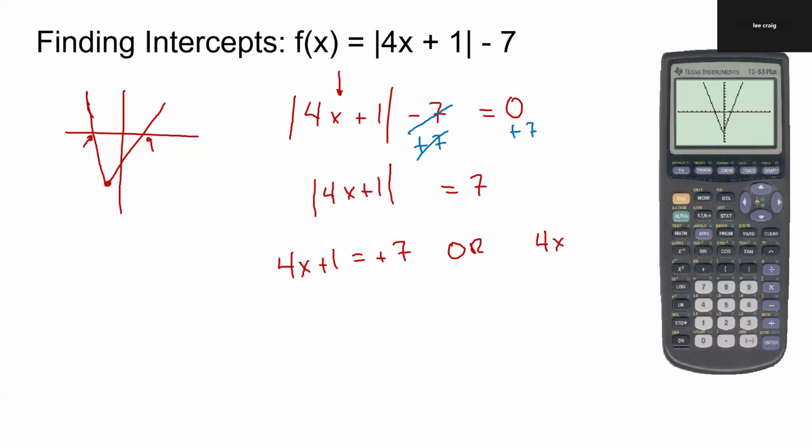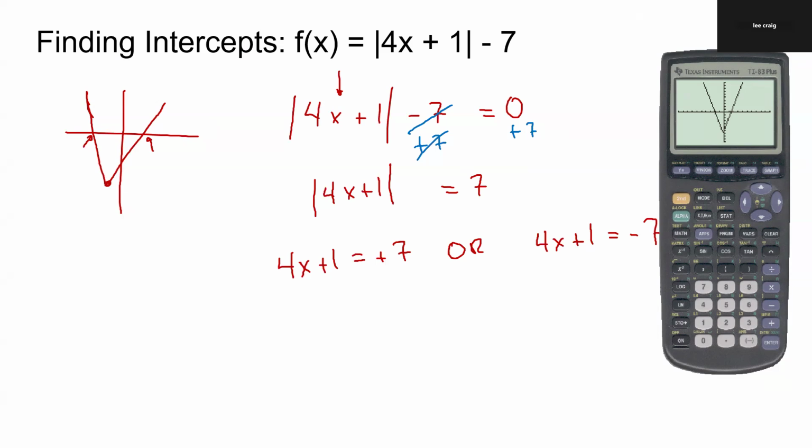So take the stuff inside and set that equal to the negative possibility. I need the +7. All that could have been positive. I need the -7. All this stuff in here could have been a -7, and the absolute value bars chopped it down to a +7.